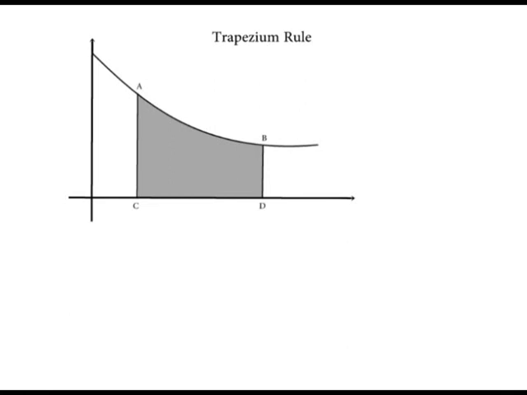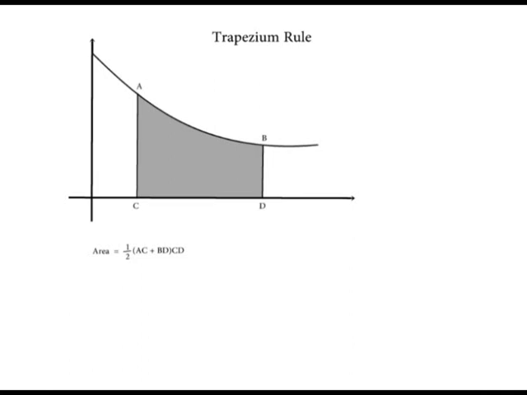The two vertical sides AC and BD are parallel to each other and are perpendicular to the x-axis. If we can estimate the curved side AB to be a straight line, we would roughly have a trapezium. We can calculate the area from the formula a half A plus B times height, so we shall have a half into AC plus BD times CD.